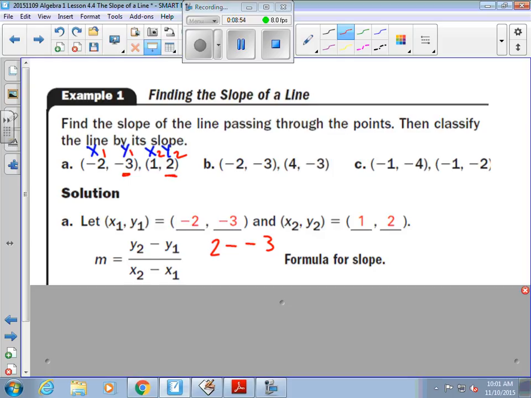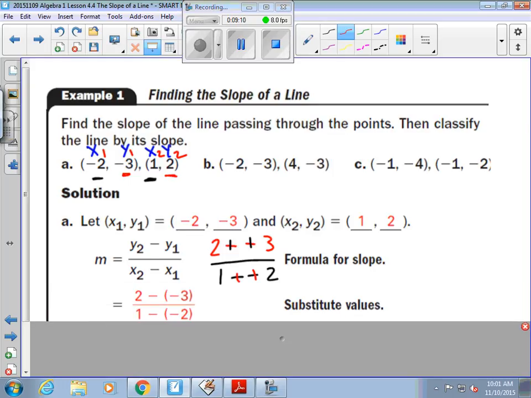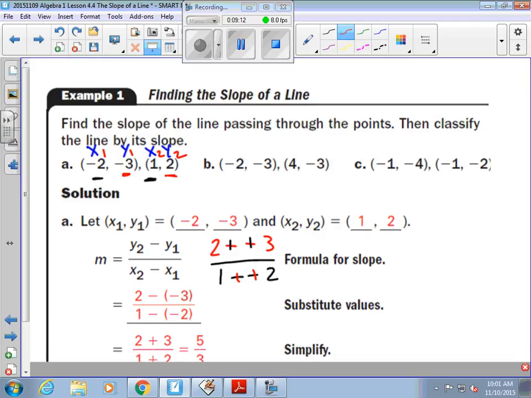So that tells you to do plus. Remember, anytime you have minus a negative, it tells you to add them. Over x sub 2 is this one, 1, minus x sub 1, this one, -2. Again, minus a negative means what? Add them. Good. So you have minus a negative for both of those, which means 2 plus 3 over 1 plus 2.